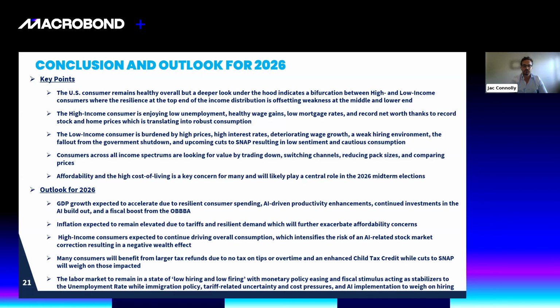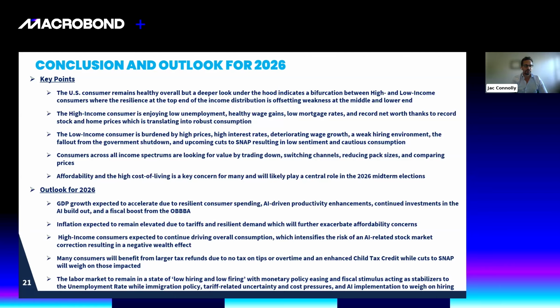We do know many consumers will benefit from the tax benefits of the One Big Beautiful Bill: increased child tax credit, no tax on tips, no tax on overtime. But we also know that those SNAP recipients impacted by the One Big Beautiful Bill cuts will be facing hardships.